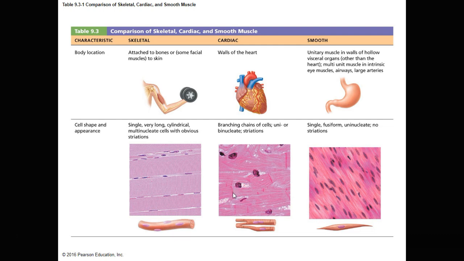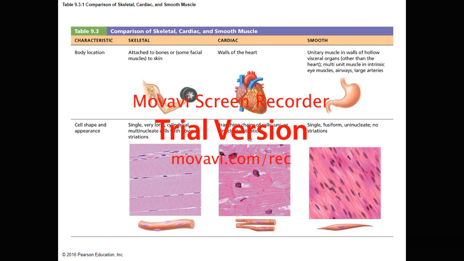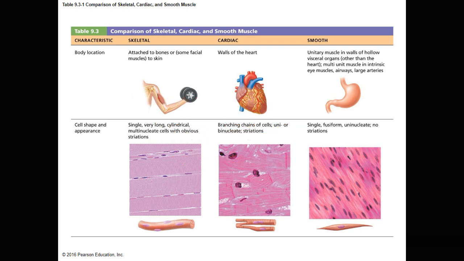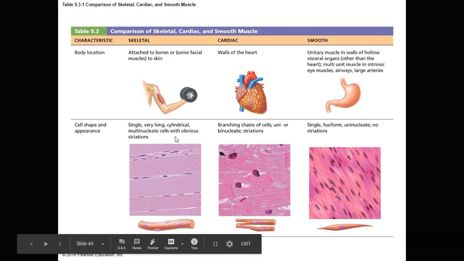So these intercalated discs allow you to tell the difference between skeletal muscle and cardiac muscle. And then smooth muscle has no striations, but they are also elongated muscle fiber cells, long cells too, just like skeletal muscle.